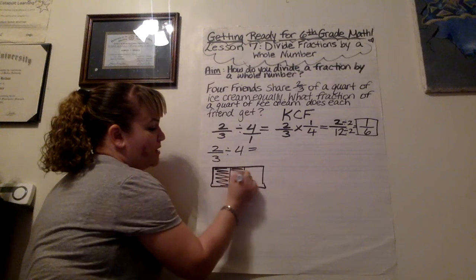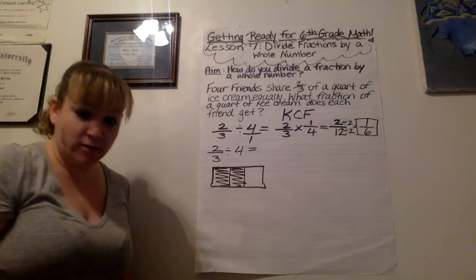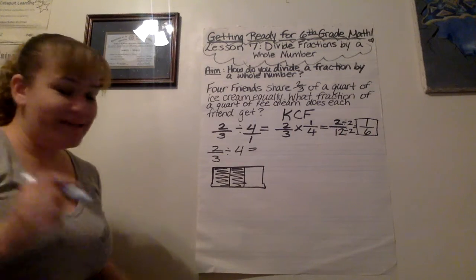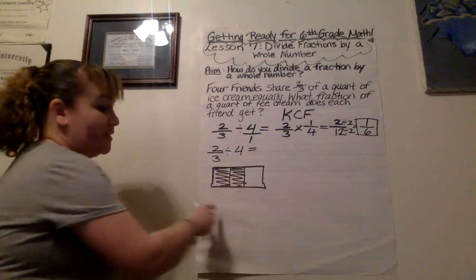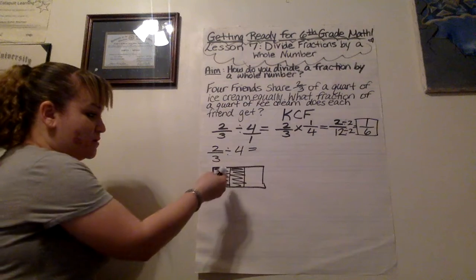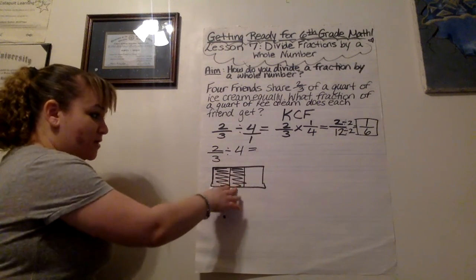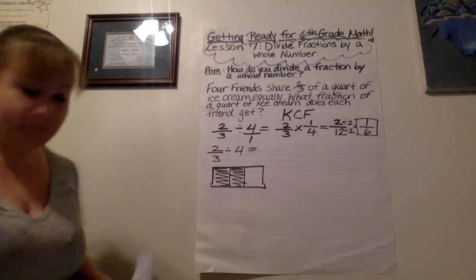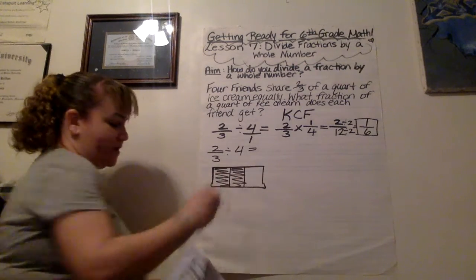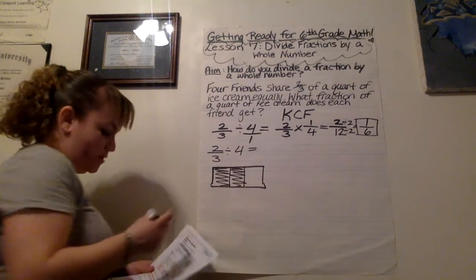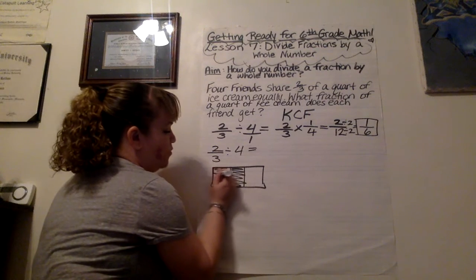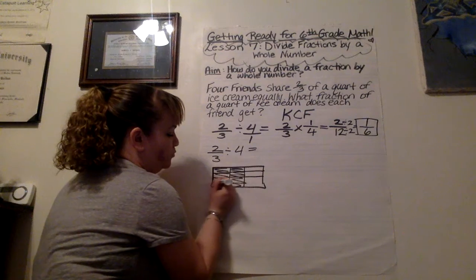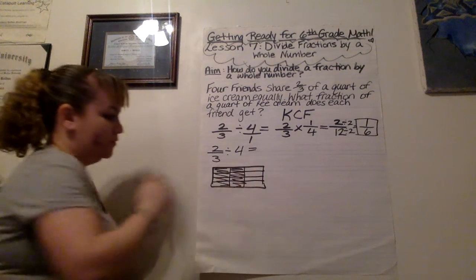And this will represent 2/3, right? But then I need to take, this is kind of like representing the ice cream. And I have to take this ice cream, the 2/3 of it, and cut it into fourths, right? So I'm going to take the same thing and cut it into fourths. So 1, 2, 3, 4.